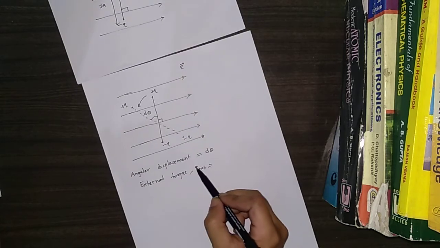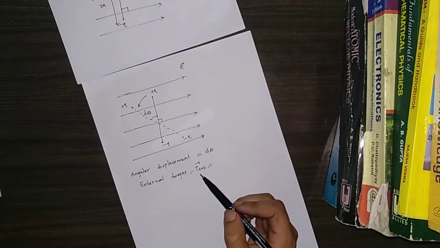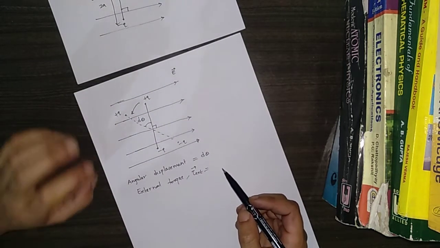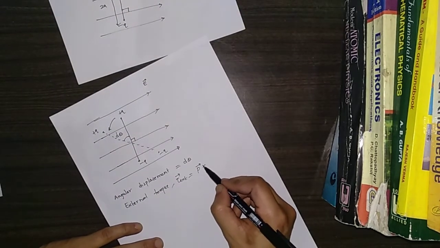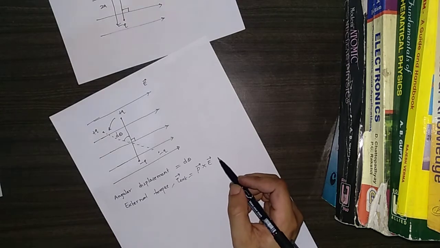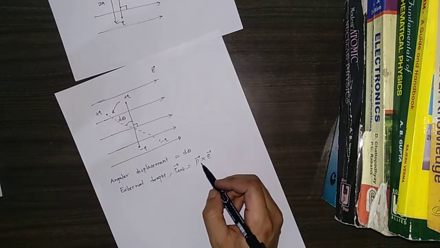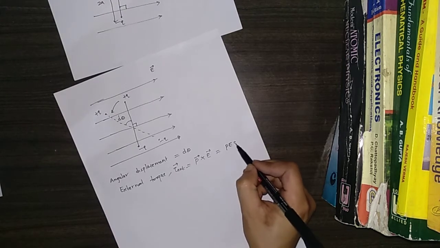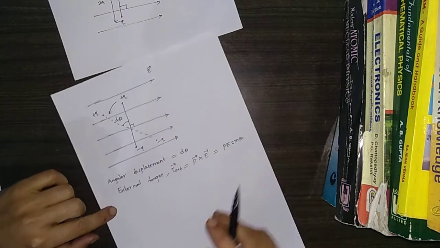We know from our previous derivations that the torque experienced by a dipole in an electric field is P cross E, the cross product between the dipole moment vector and the electric field vector, which in magnitude equals PE sine theta.